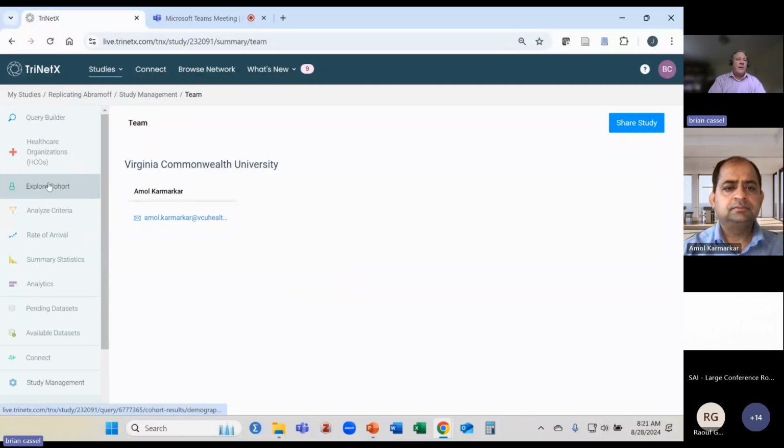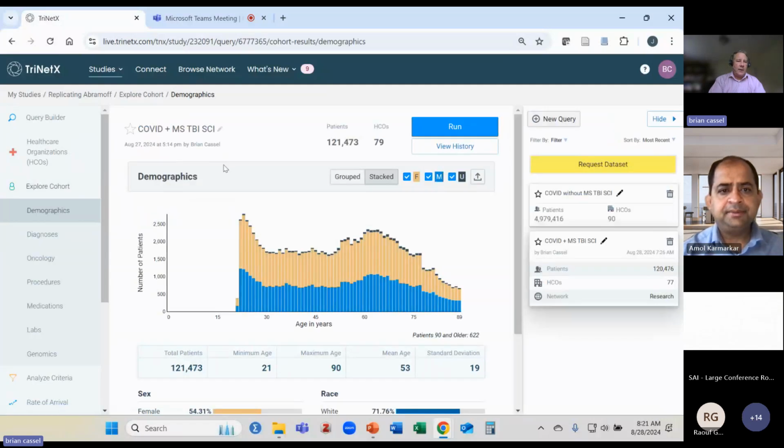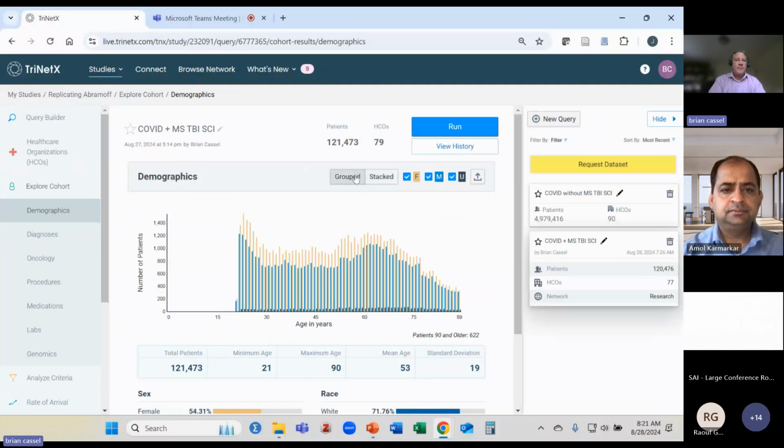The other thing I wanted to show you that we didn't really go into much last week is this Explore cohort. So these are the 120,000 or so people with traumatic brain injury, MS, or spinal cord injury before they had COVID. And here you can see their demographics.